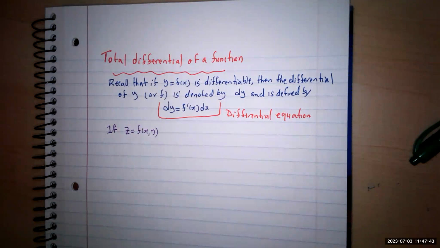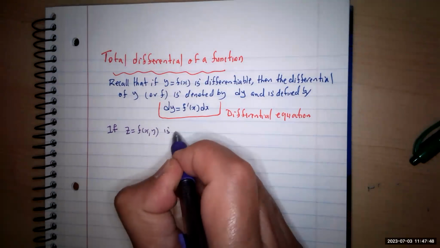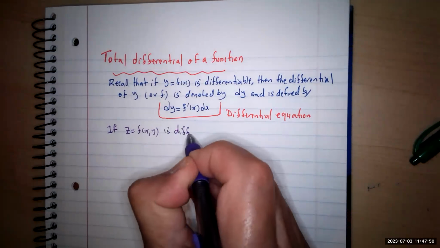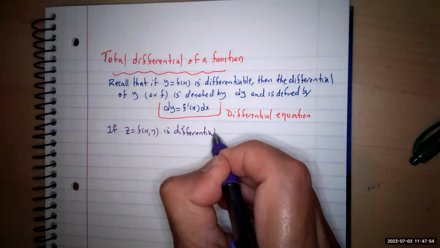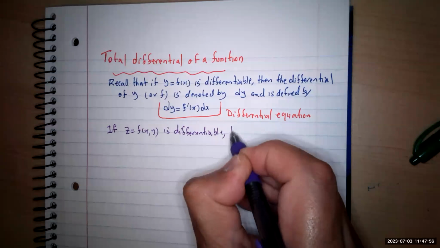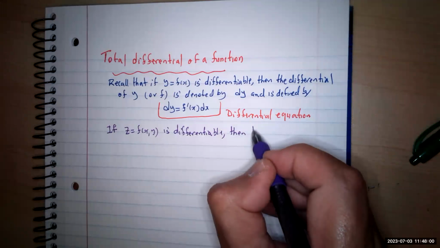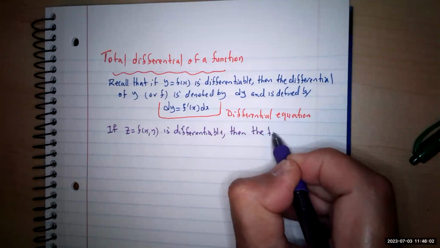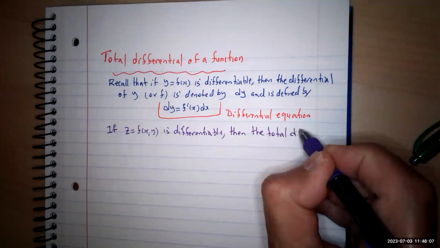So now if this function is differentiable in the sense that we talked about, the sense of Fréchet, then the differential of f, they call it the total differential, or just differential.